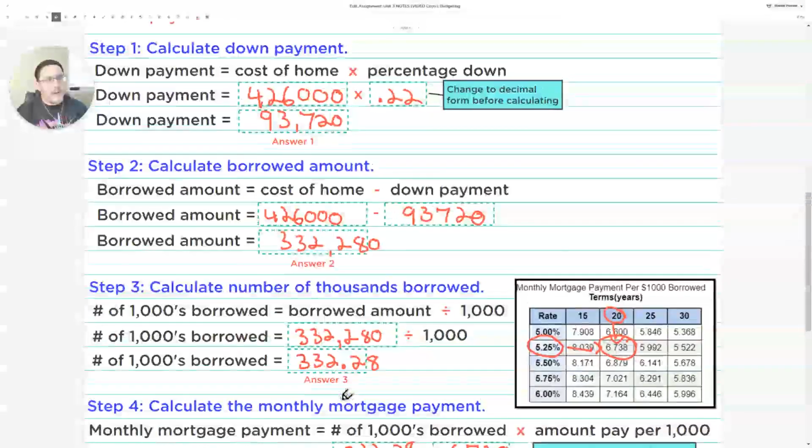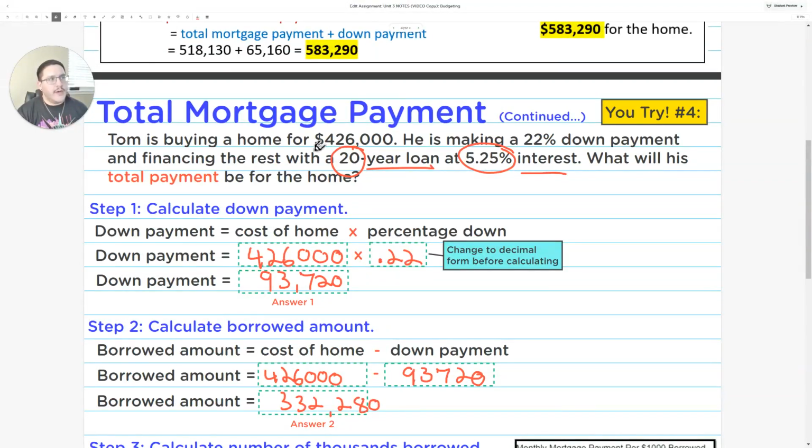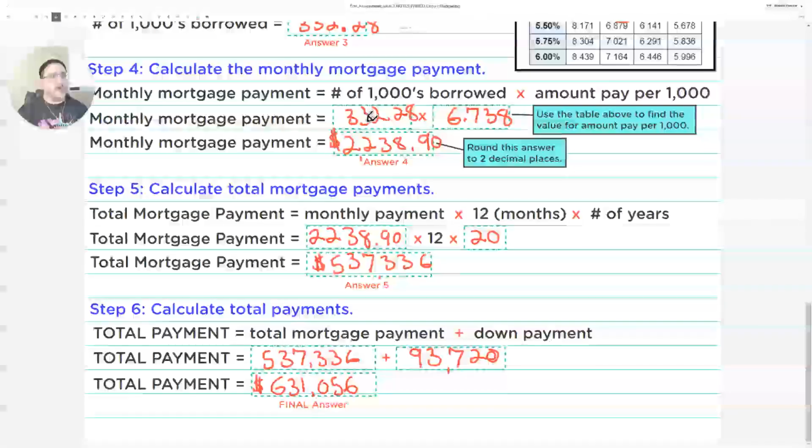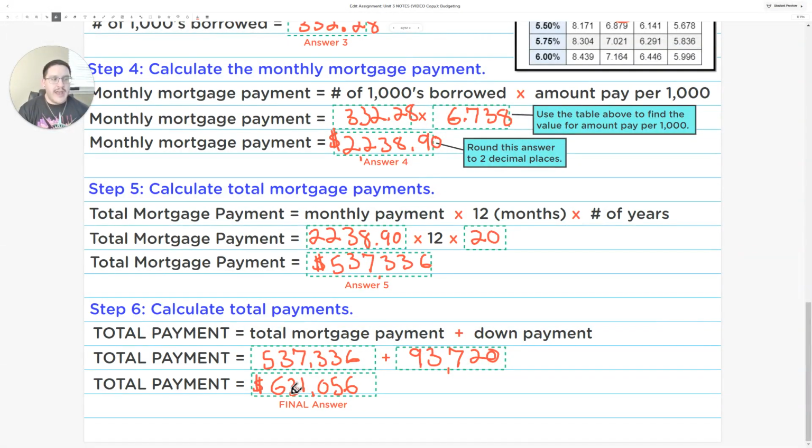$631,056, coming from an original cost of $426,000. If we carry this loan out for 20 years with a 22% down payment at 5.25% interest, $426,000 turns into $631,056, which is a little bit over $200,000 more than what you originally paid for.